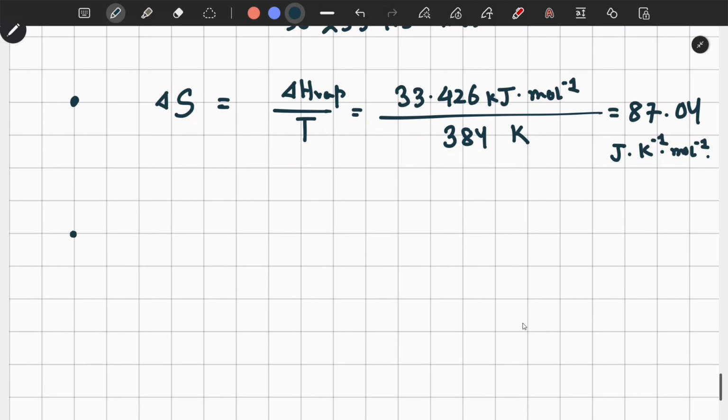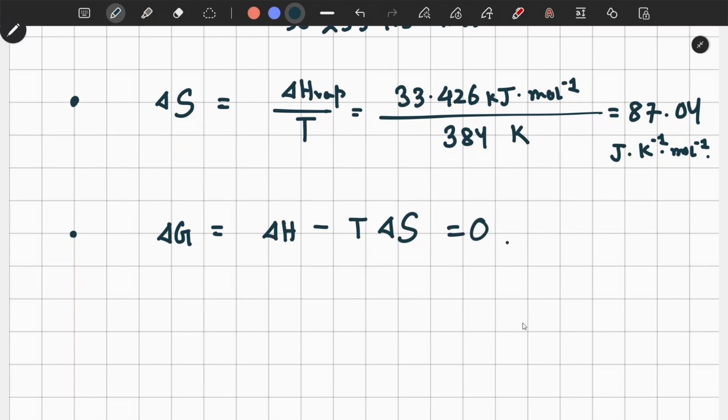And last, what will be the del G? So it is 0, because del H vaporization minus T delta S will be 0. Yes, it is 0. That's it.